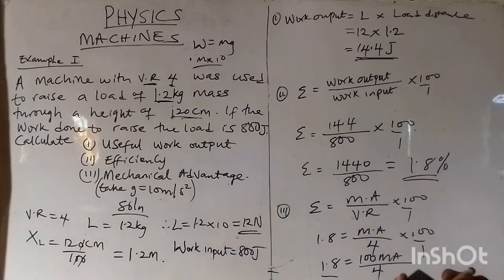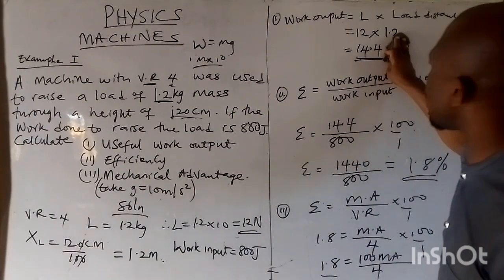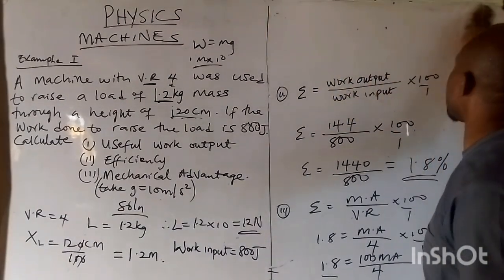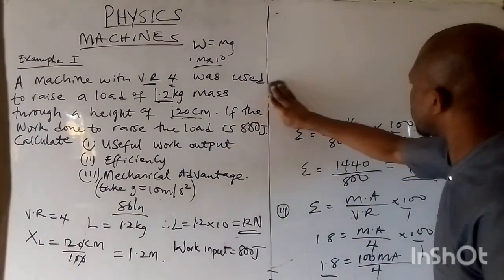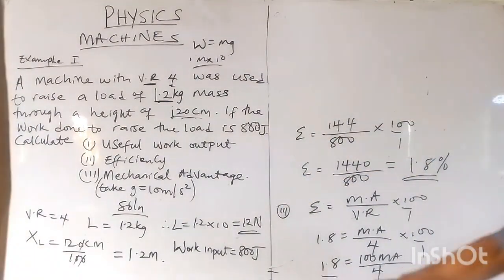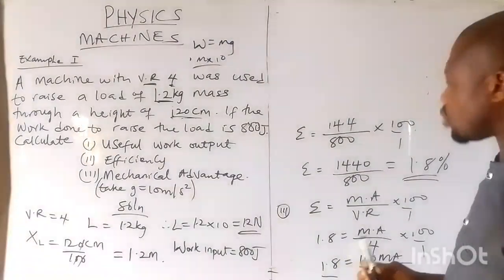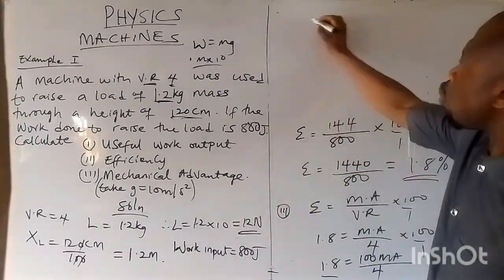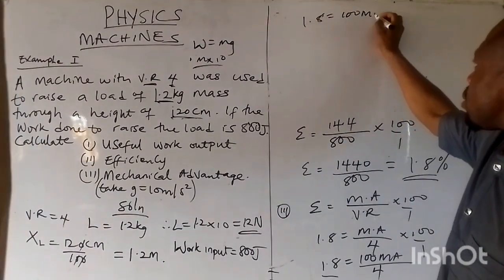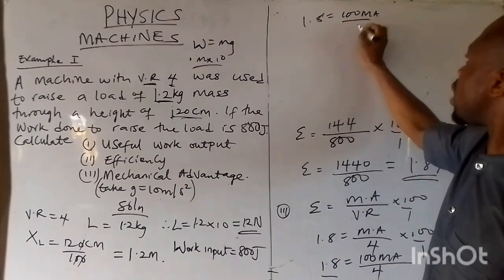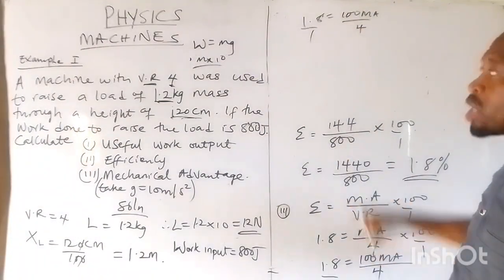Now, if we cross multiply at this point, I will have to rewrite this. This one gives us 1.8 is equal to 100 MA over 4. So this is exactly what I have here.